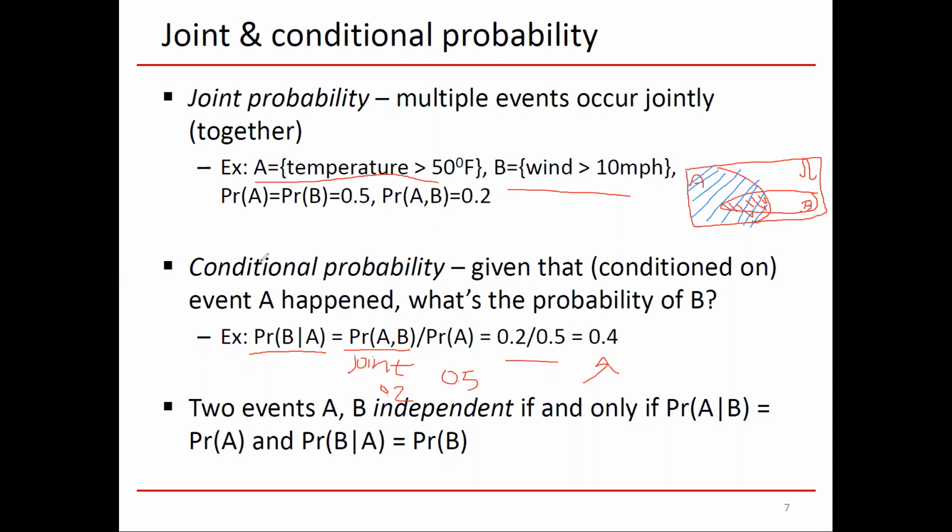And 2 events are independent if and only if the probability of A conditioned on B, any value of B, is equal to the probability of A, and the probability of B conditioned on event A is the probability of the event B. So these guys are not independent, and they're not independent because the probability of B is 0.5, and the probability of B of 0.5 is different from the probability of B conditioned on A, which is 0.4.